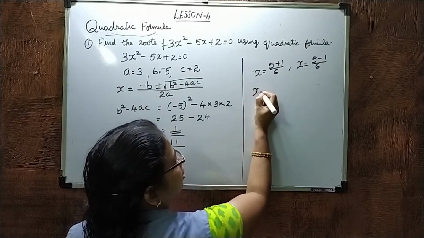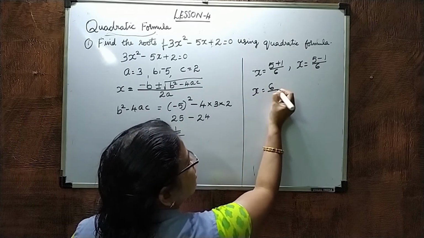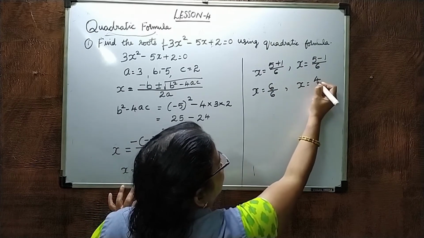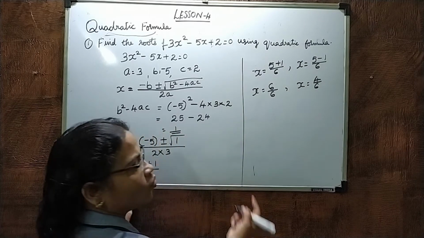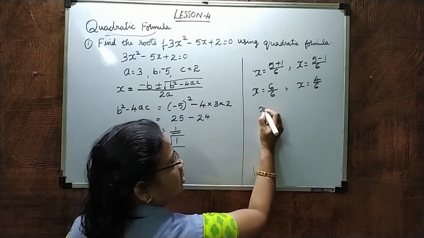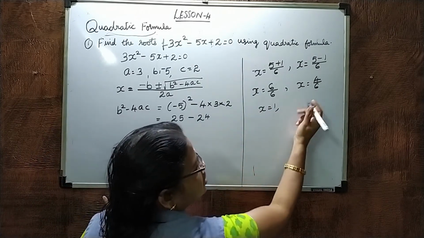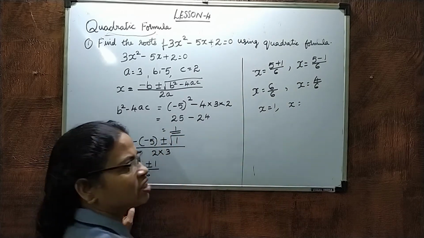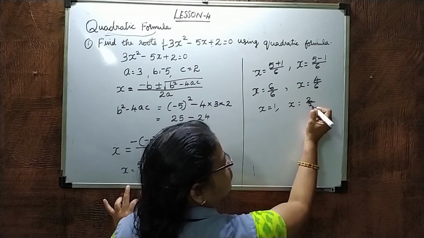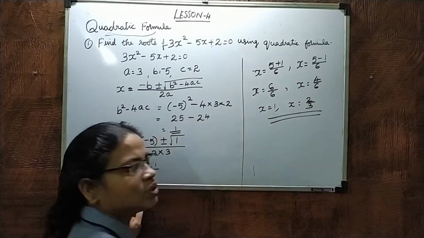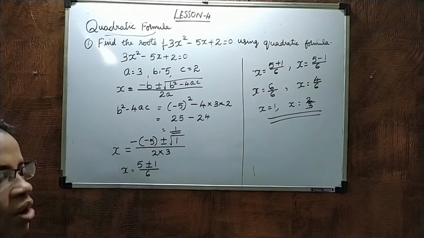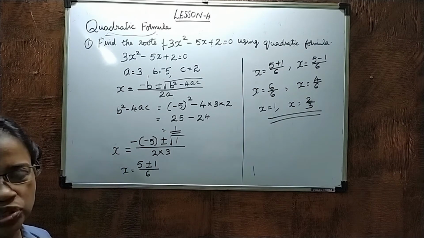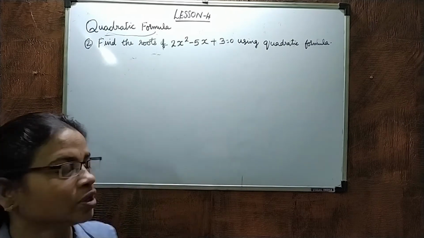So x is equal to 5 plus 1, 6 divided by 6, comma, x is equal to 5 minus 1, 4 by 6. What is 6 by 6? X equals 1 and then x is equal to 4 by 6. 4 by 6 is what? It is 2 by 3. So the roots are 1 and 2 by 3. If you do it by splitting the middle term also, you will get the same answer.